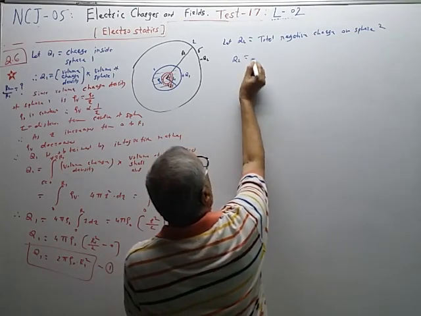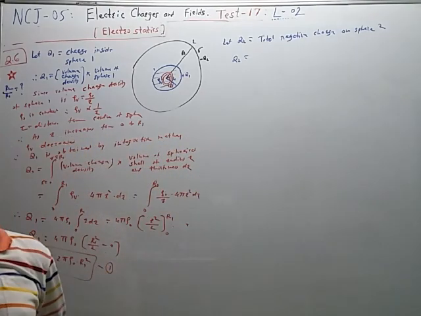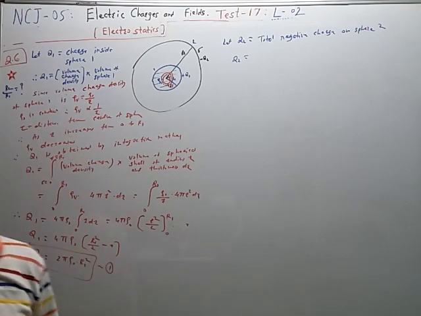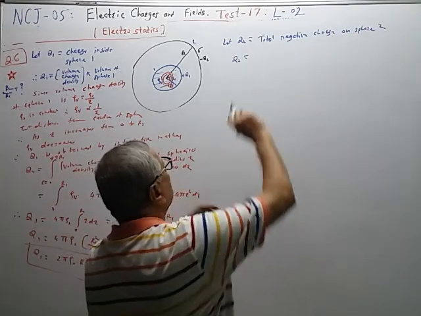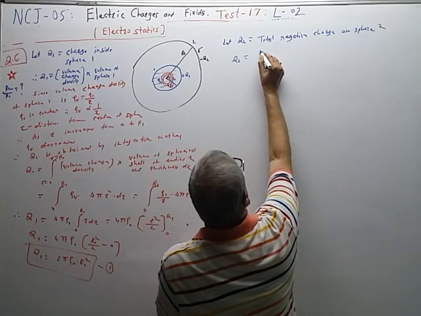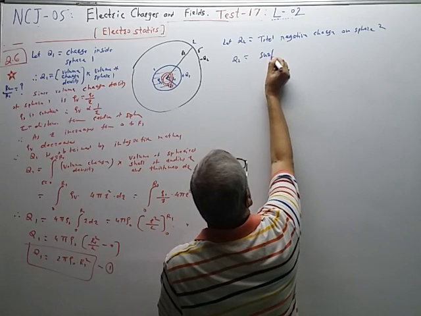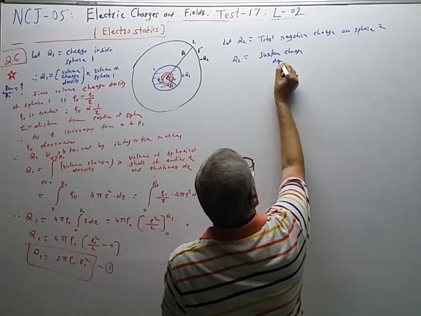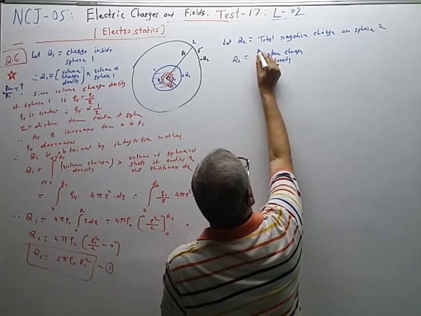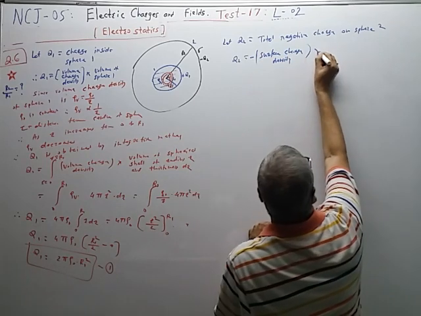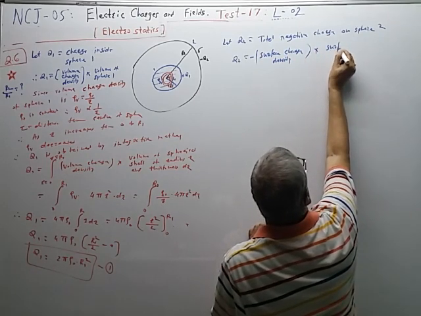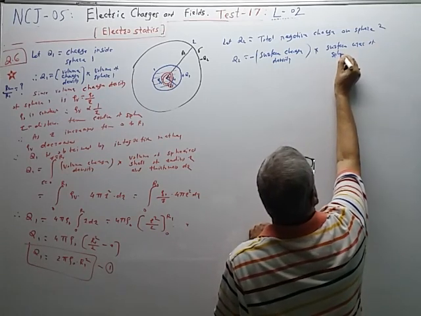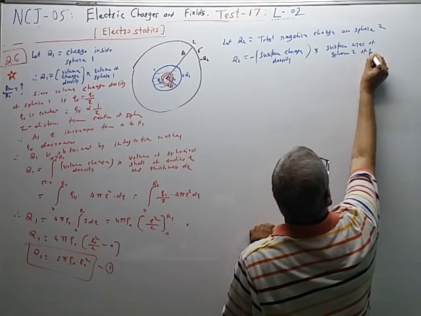Here we don't need integration, because sigma is given. So q2 is equal to surface charge density multiplied by surface area of sphere 2 of radius r2.